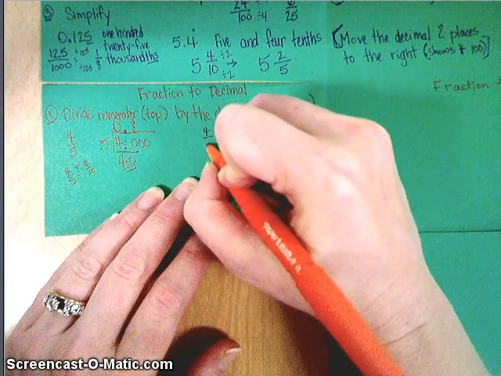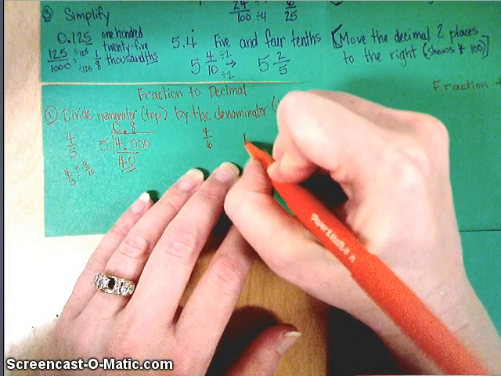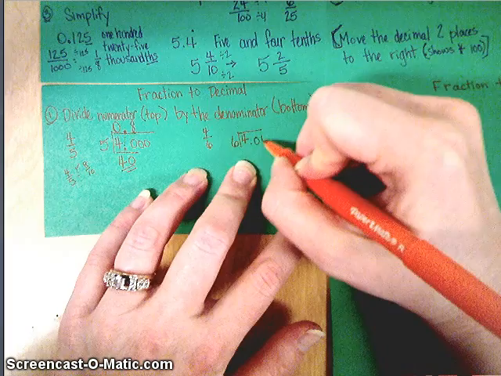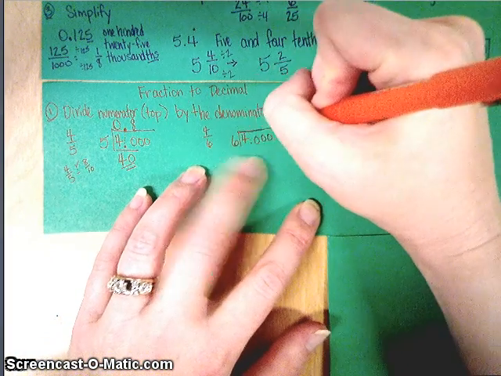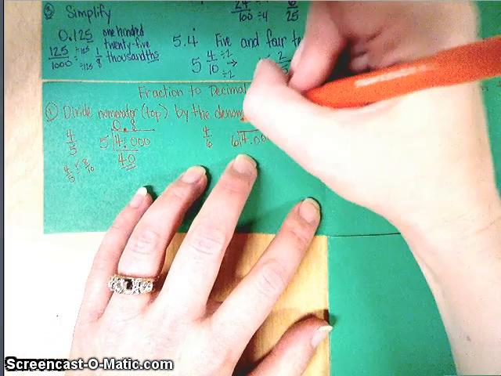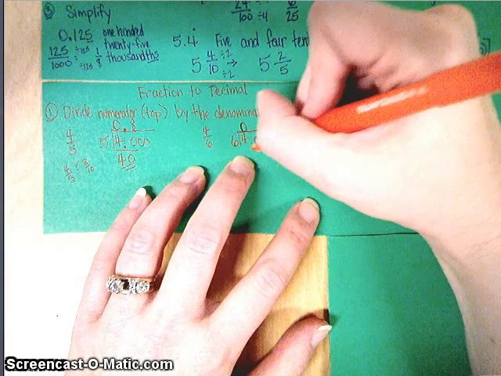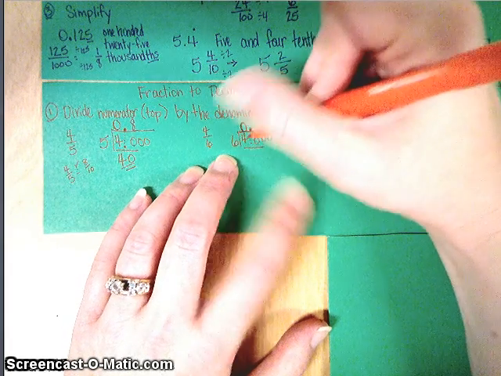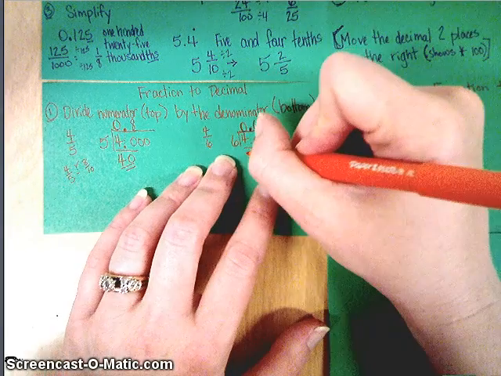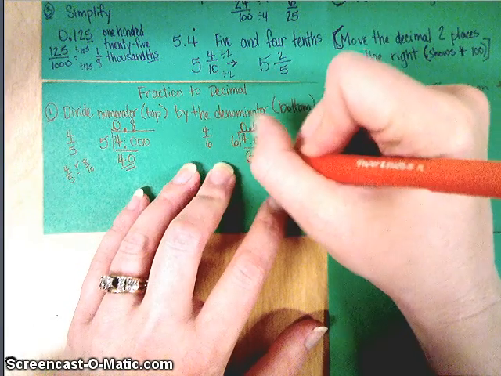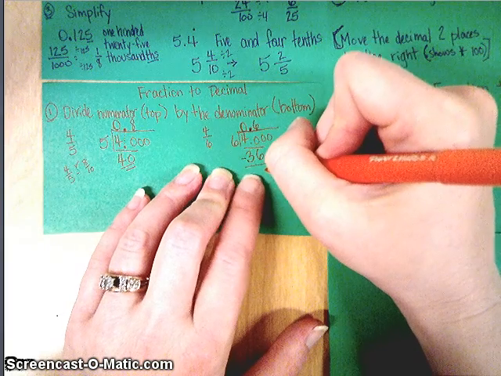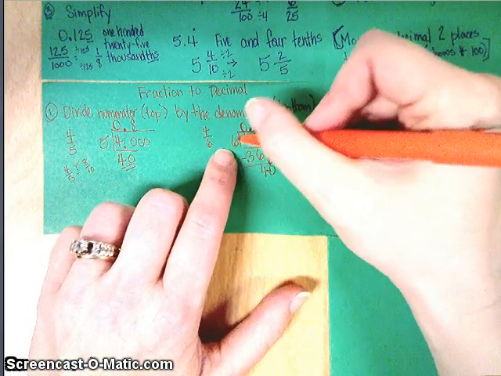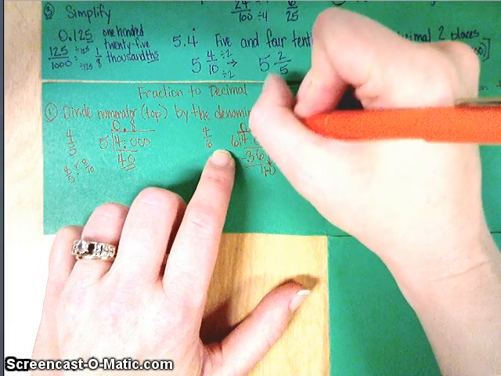If we had the fraction 4/6, 4 goes inside the house, 6 goes outside the house. 6 will not go into 4, so put a 0 there. 6 will go into 40. Go ahead and bring your decimal up. It will go 6 times. And 6 times 6 is 36. 40 minus 36 is 4. Bring down that 0. 6 into 40 will go 6 times.